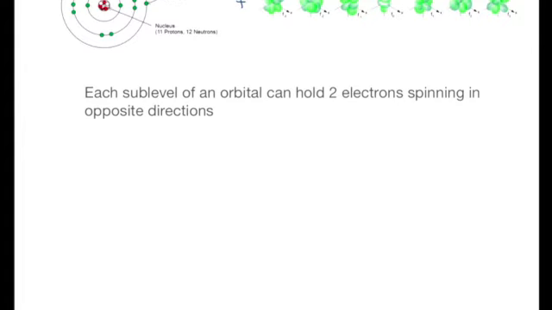Each sublevel of an orbital can hold 2 electrons. So we're going to talk about each of these orbitals. The s orbital can hold 2 electrons, so it has 1 sublevel.